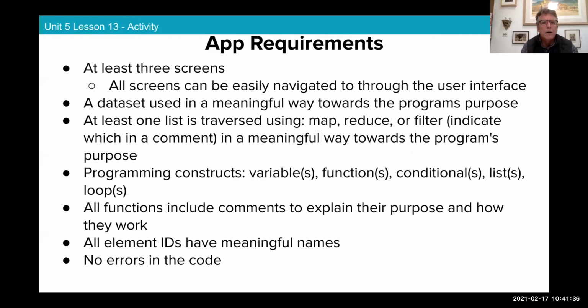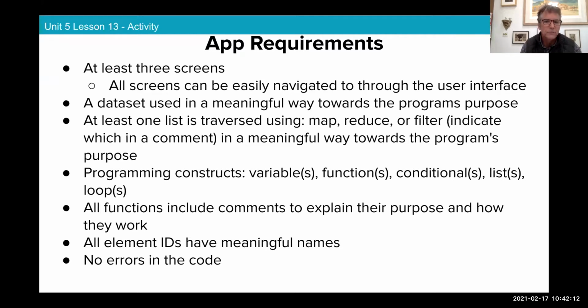So the app requirements are at least 3 screens, all right? All screens can be easily navigated through the user interface, okay? A data set used in a meaningful way toward the program's purpose. At least one list is traversed using map, reduce, or filter. Indicate which in a comment, in a meaningful way towards the program's purpose. All right, let's read that one over again.